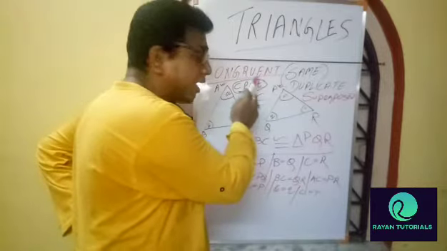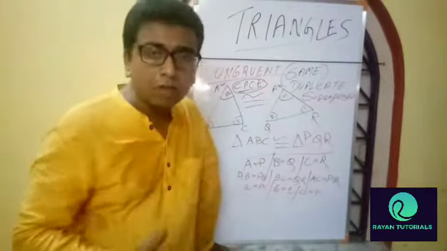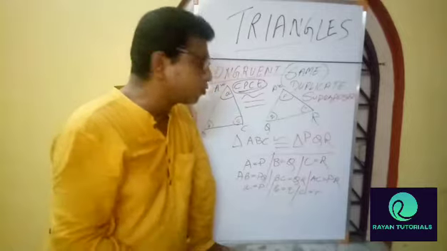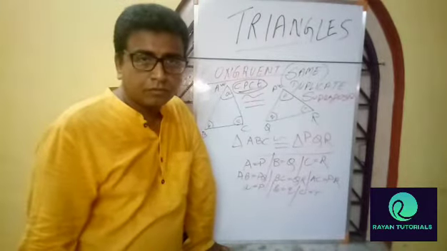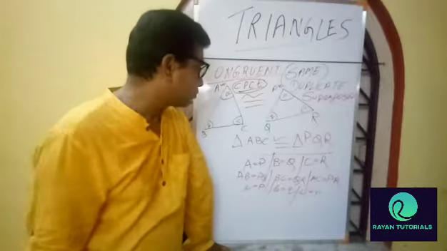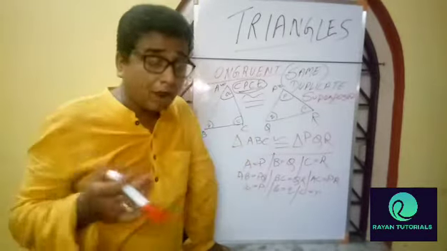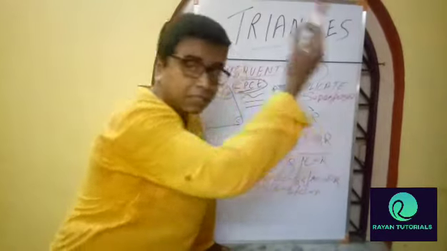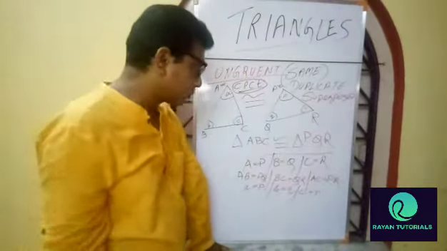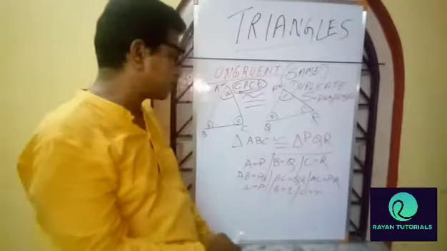I found a lot of copies where students had not even proved congruency, yet written CPCT. Even I found triangle ABC congruent to triangle PQR, bracket CPCT. It's not your fault, again the fault of us.